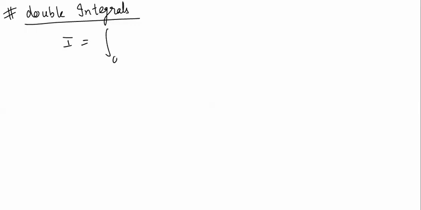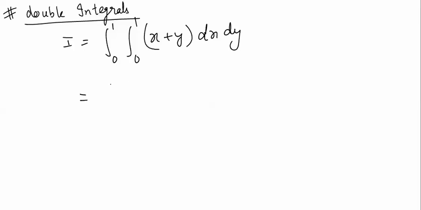Let's say you have a function: find I, integration 0 to 1, 0 to 1, of (x plus y) dx dy. So it's very simple. Integrate with respect to y first. So you'll have 0 to 1 as it is, xy plus y square by 2, and the limits you will put 0 to 1.